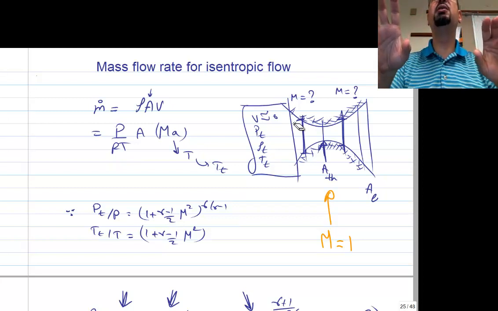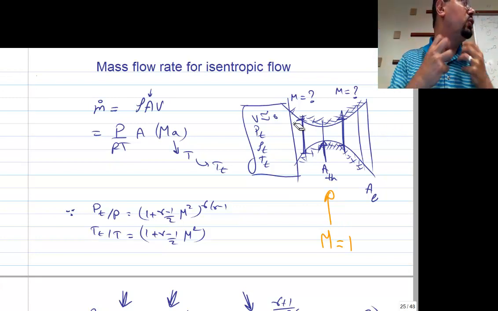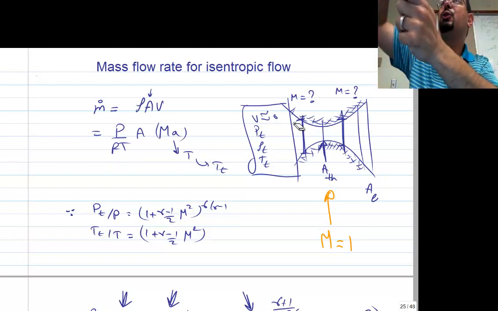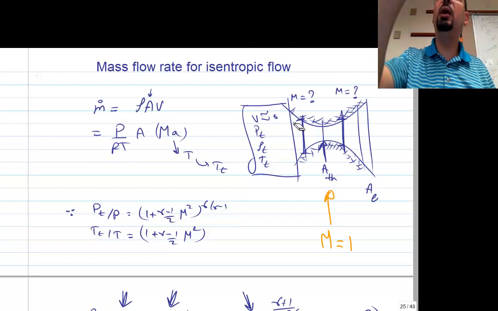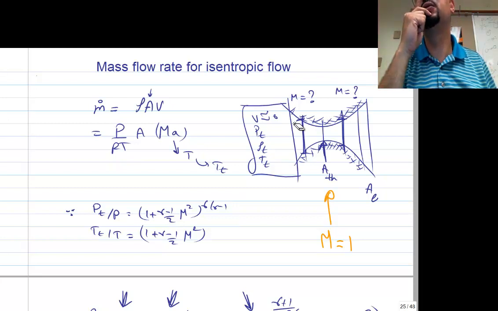We will talk more about this later, but what I'm trying to say is that area star is not always area throat. The throat area is the physical throat that when you buy this nozzle, you can measure it. That's the throat area. The area star would be the area when the Mach number is 1 at the throat.